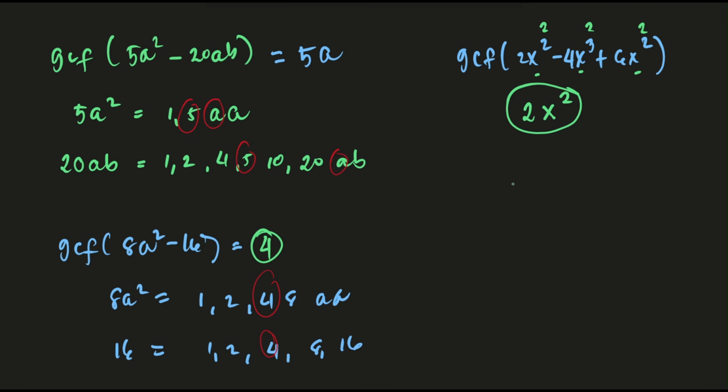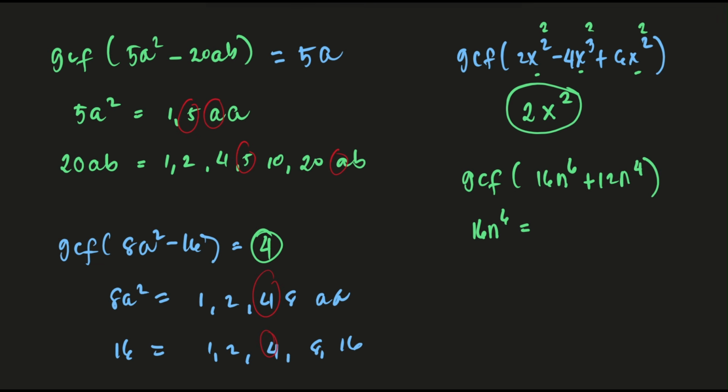Next example. Find the GCF of 16n to the power of 6 plus 12n to the power of 4. Repeating the process, if you don't know in mind the largest common factor between the two numbers, then we're going to do it individually. Okay, 16n to the power of 6.